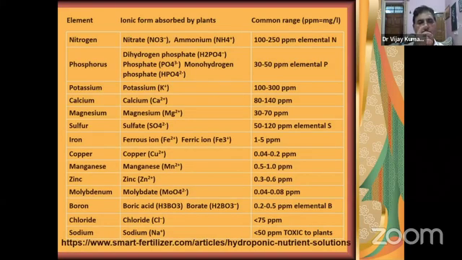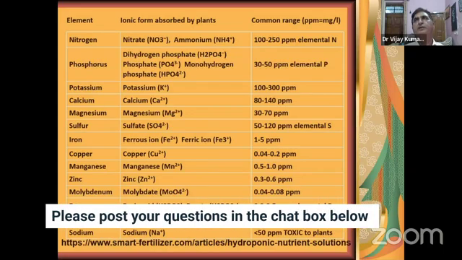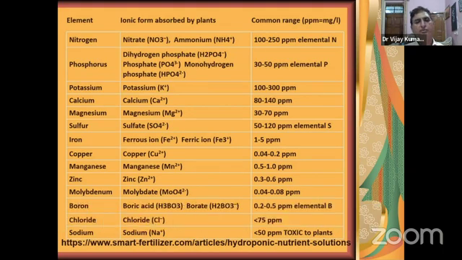So you see that nitrogen we are adding in the form of nitrate or ammoniacal form. Nitrogen as such is not absorbed by the plant. It has to be converted into some source of ions, so nitrogen has to come as nitrate and ammoniacal form.